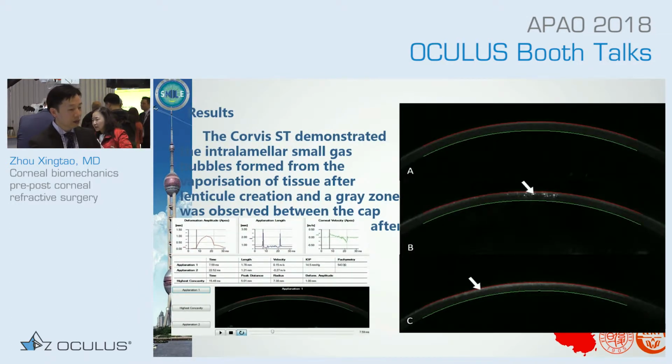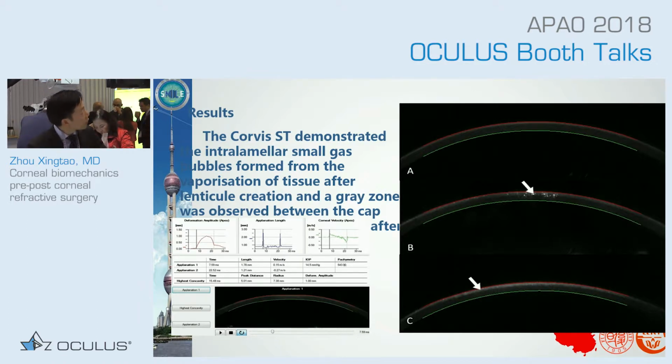All these parameters demonstrated a significant difference between creation and extraction of the lenticule, and there was no significant difference between preoperatively and lenticule creation with the femtosecond laser.